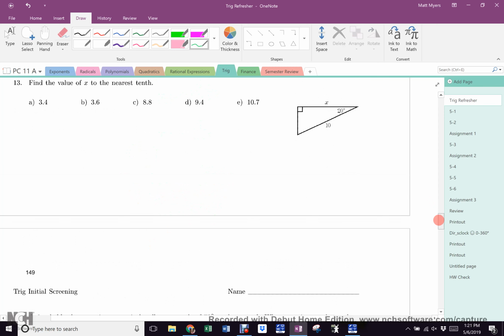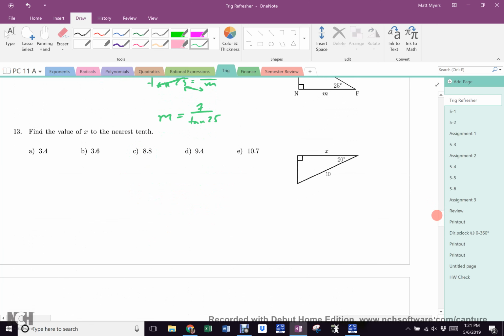And number 13. What is it? I hear a B. I hear a D. It is D. Do we know why?